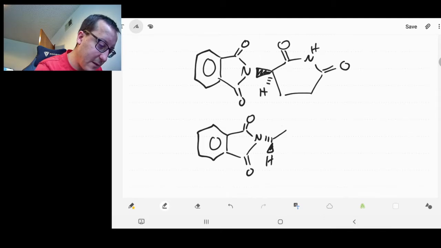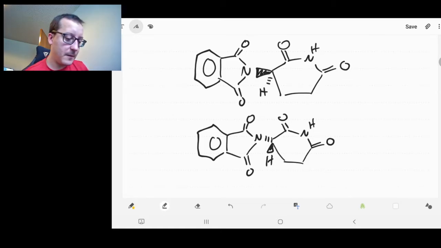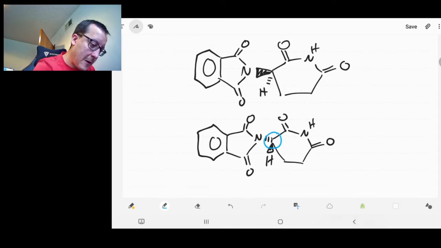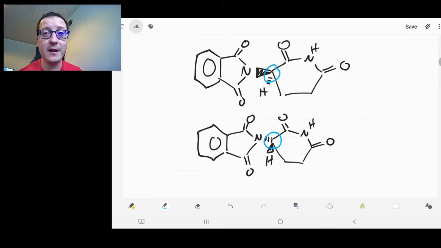I forget which one of these was the good one and which one was the bad one, but suffice it to say, the only thing that's different between these two is this one carbon here. And all that's different about them is that one is on a wedge, one on a dash for either the hydrogen or the succinimide there. And that's what caused these horrible birth defects.